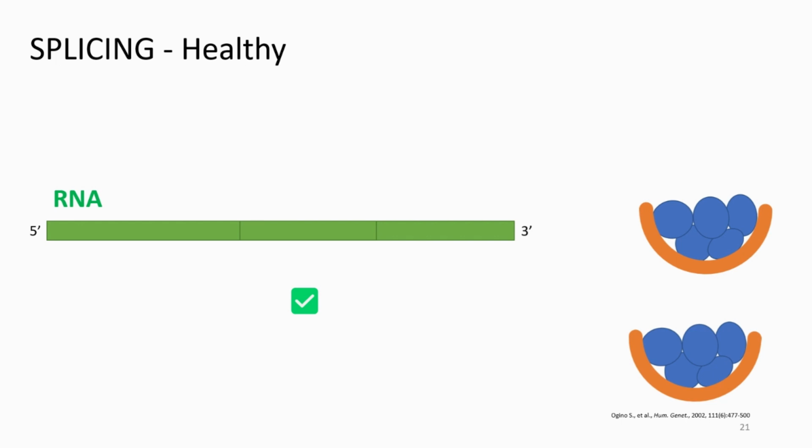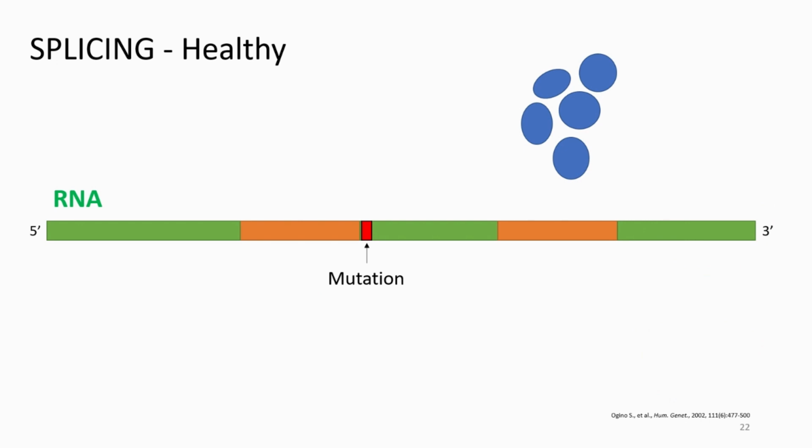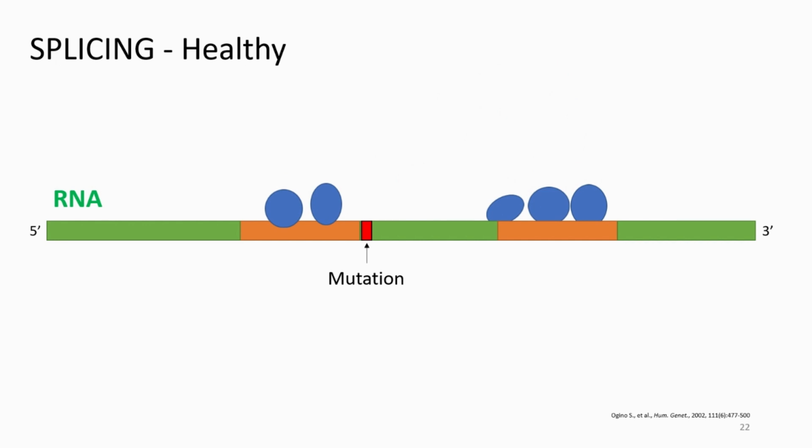But for example, in the spinal muscular atrophy that I mentioned before, what's happening is that at the level of the RNA, there is just one mutation, and this impairs the recognition by these proteins of the right regions that have to be cut out. So this time, these proteins cannot properly recognize the regions that have to be cut out.